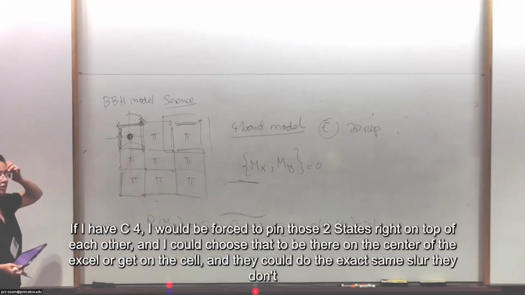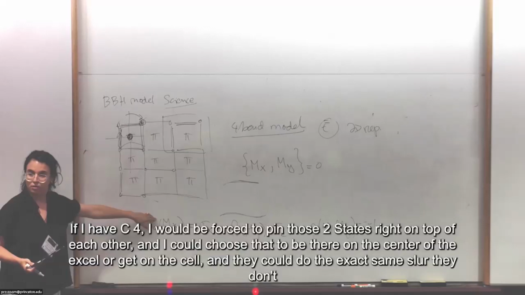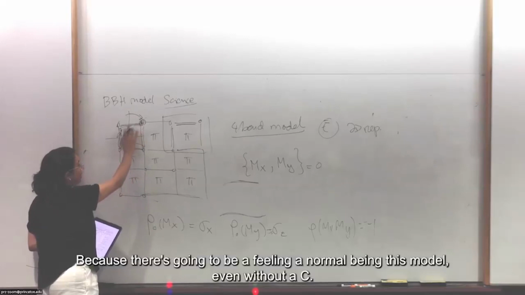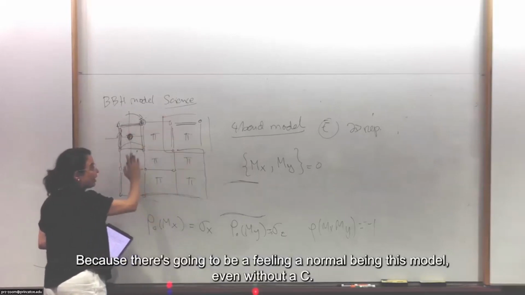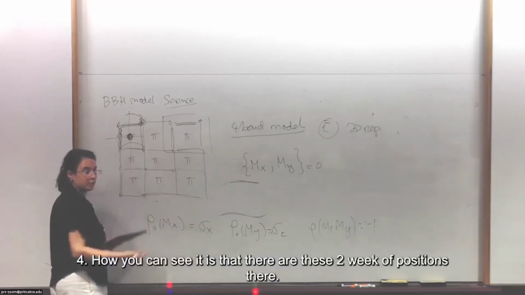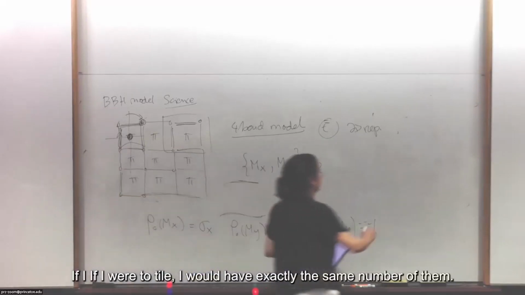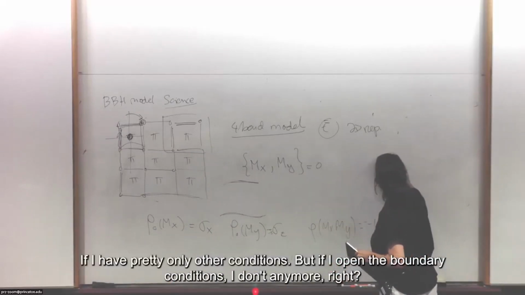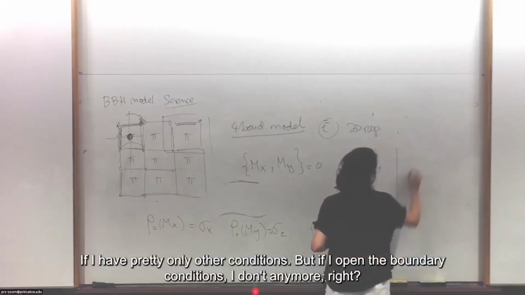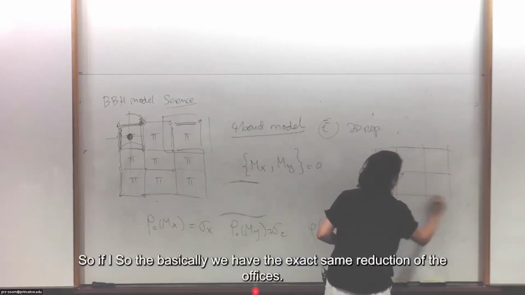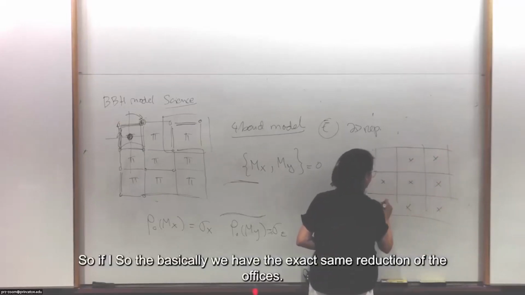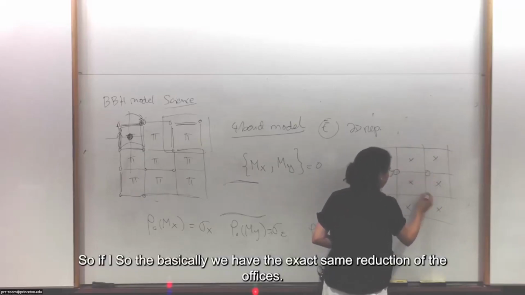Because there's going to be a filling anomaly in this model, even without the C4. How you can see it is that there are these two weaker positions. If I were to tile, I would have exactly the same number of them if I have periodic boundary conditions. But if I open the boundary conditions, I don't anymore, right? So basically we have the exact same reduction of the multiplicity. If this is just a square lattice, I can choose the charges to be here, or the charges to be here.